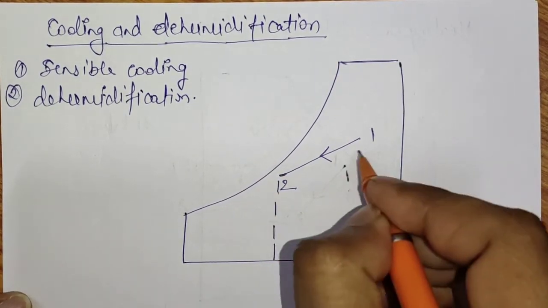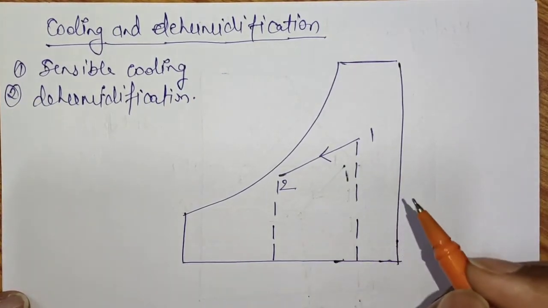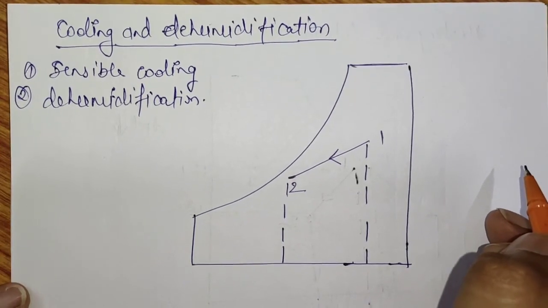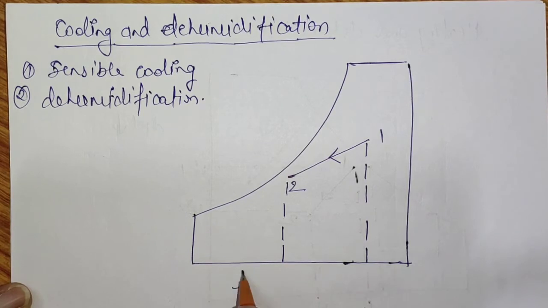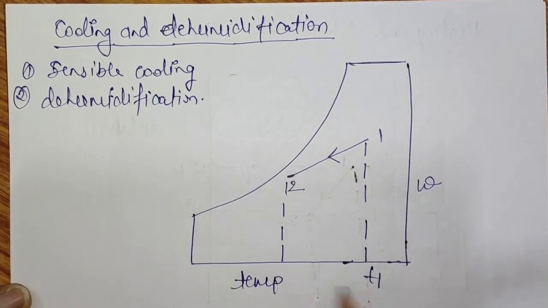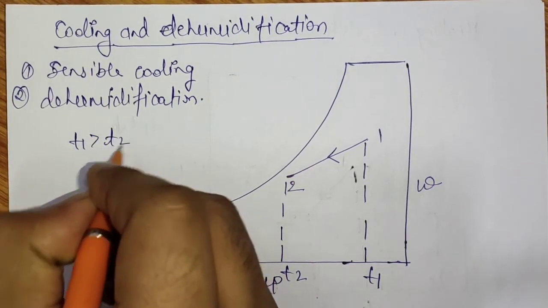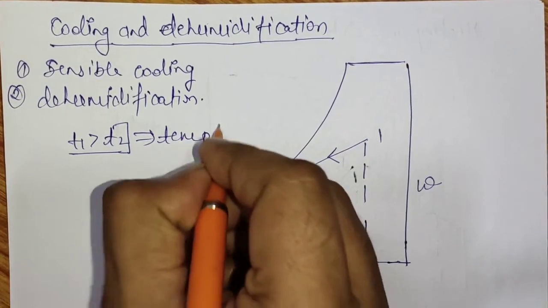If we talk about the initial and final dry bulb temperature, we need to draw a vertical line from state 1 and state 2 up to the temperature axis, and we can see that the initial temperature is greater than the final temperature, hence the temperature is reducing.